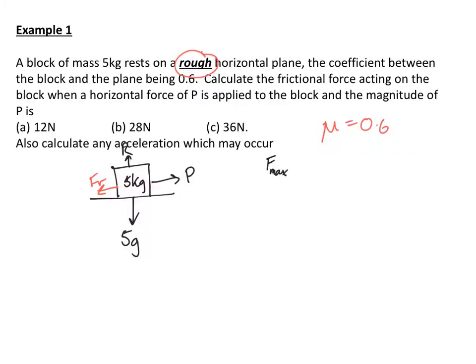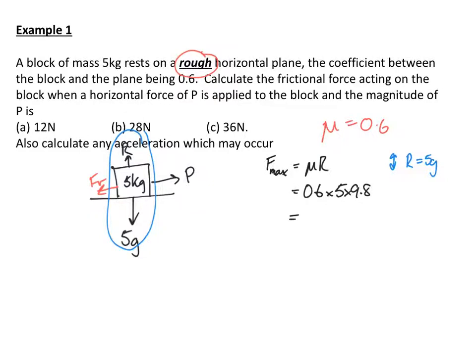So F max is equal to mu times R, which in this case is 0.6 times whatever R is. Looking vertically, the block is not moving up or down, so R must equal 5g, which is 5 times 9.8.